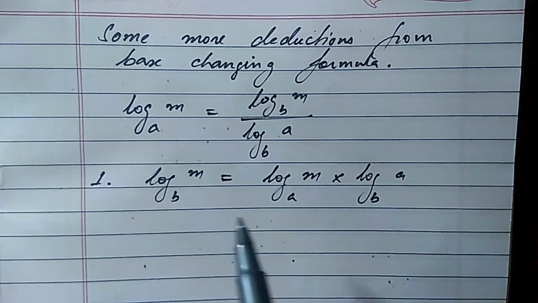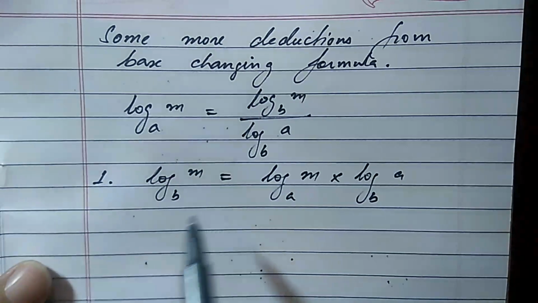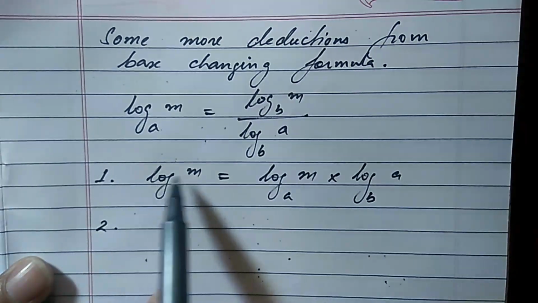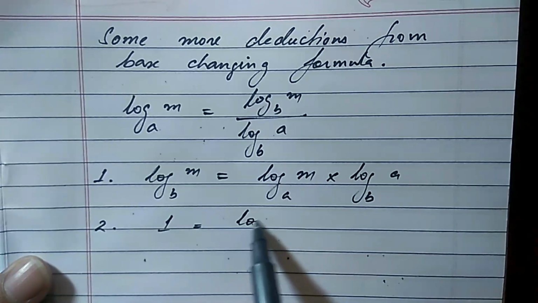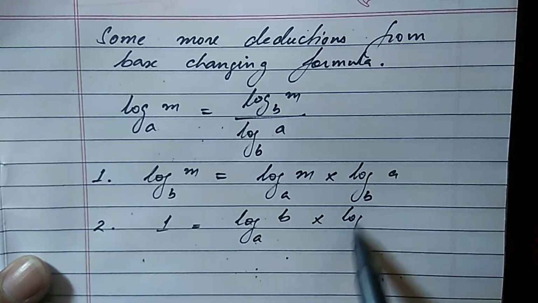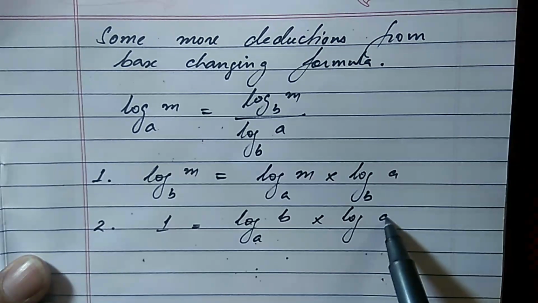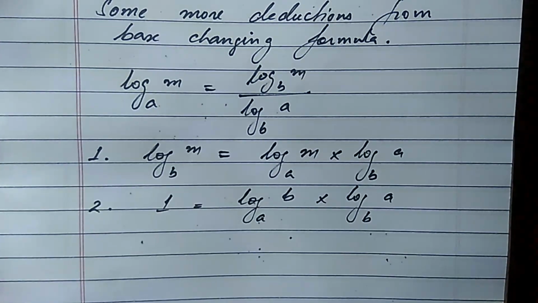Now in this case, if I put the value of m as b, then I'll get log of b with base b, which is 1, and this will be log of b with base a into log of a with base b. See, this is another deduction from the base changing formula.